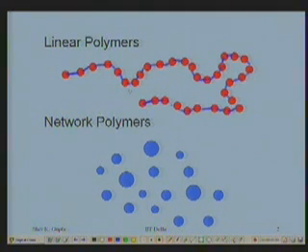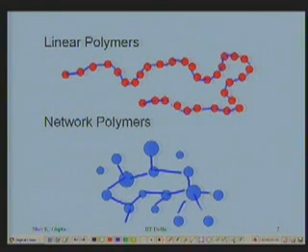Then another is a network polymer, where the monomers are attached to other monomers in all three dimensions. So for example, this one is attached to this one, is attached to this and that, maybe somewhere else, attached to this one, attached here, attached there, and so on and so forth. They form a network.